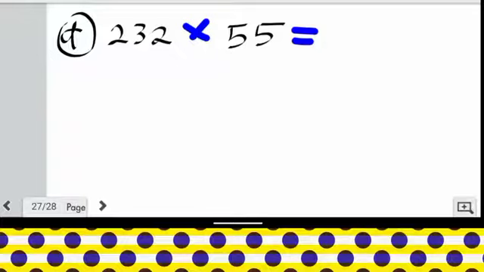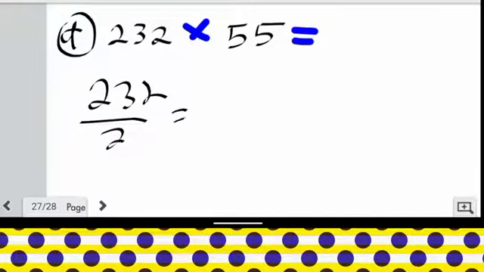Now, dividing it by 2, what are we going to have? 232 divided by 2 is going to give us 116.